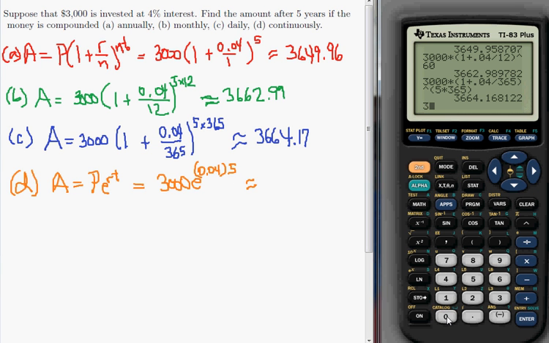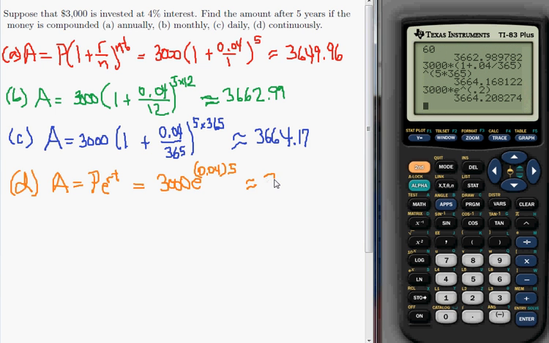So that would be 3,000 times e to the 0.2 power, which is still larger, but not much larger, of course, $3,664.21.